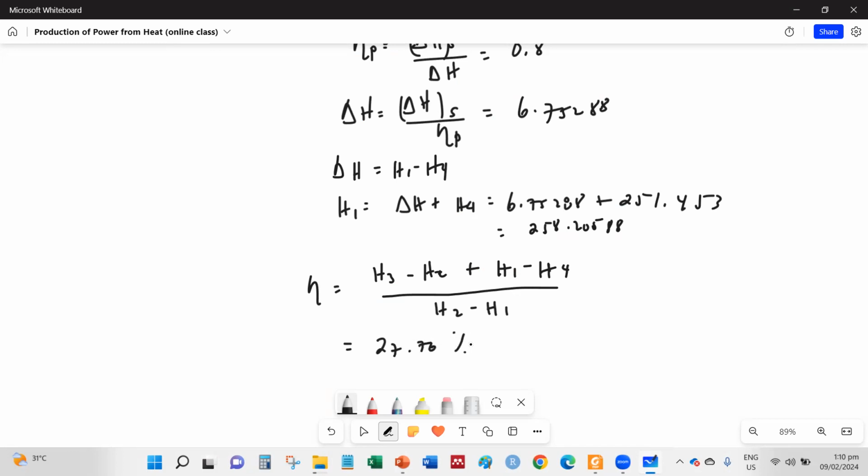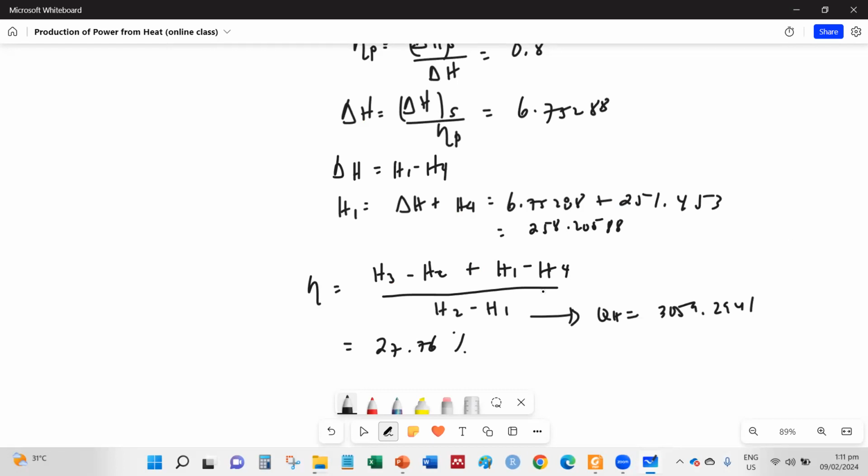What you will get there is 27.76%. It means that out of the heat absorbed in the boiler, QH, which is 3,059.2941 kilojoules per kilogram, only 27.76% is converted to work.